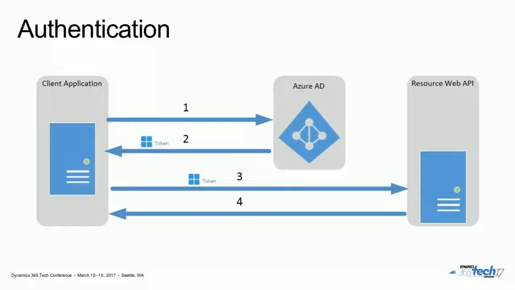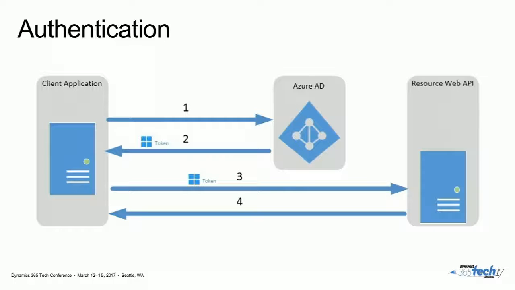And when we talk about authentication, it could be a user accessing D365 with a web client or a mobile client, and then the other scenario we have is integration. So for the web and the mobile client, it's a similar process. What the client is sending to AAD is their username and basically the credentials.